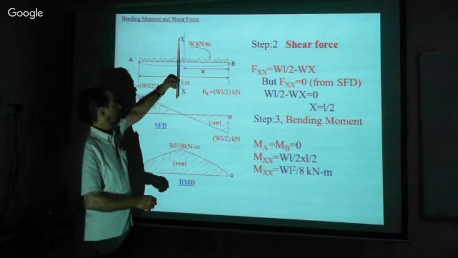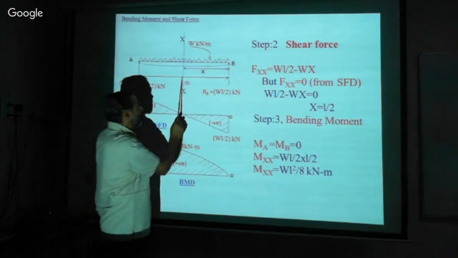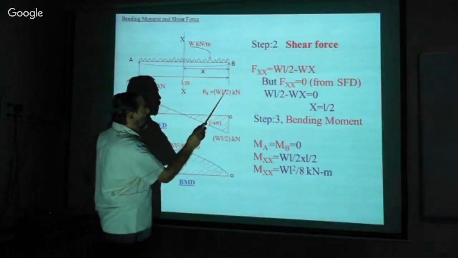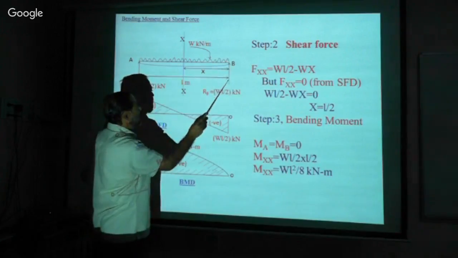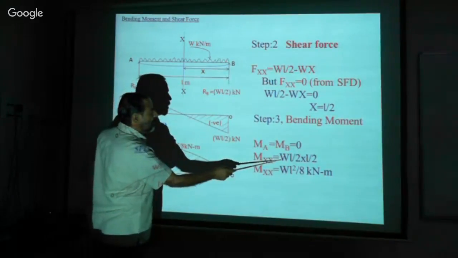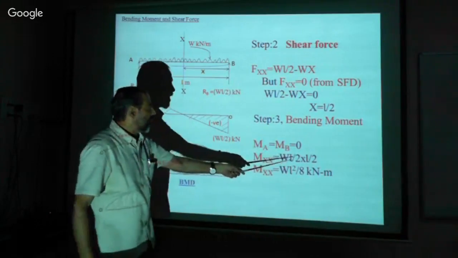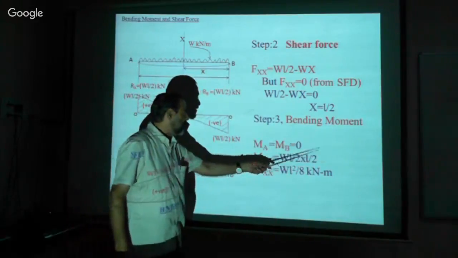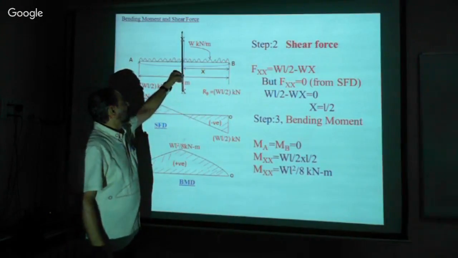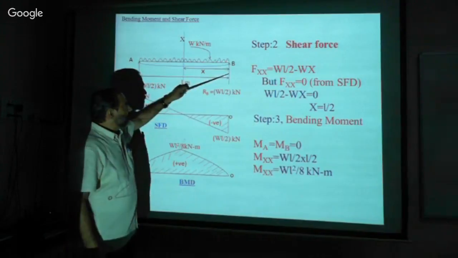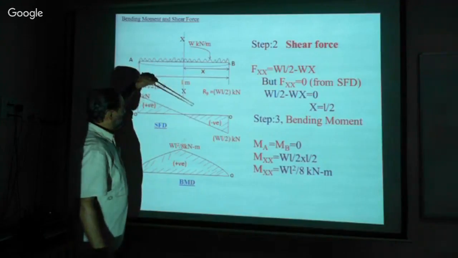Bending moment at XX is equal to, how to calculate this? WL by 2 into the perpendicular distance. The load is WL by 2 and the perpendicular distance is L by 2. This force creates an anti-clockwise moment and this UDL creates a clockwise moment.